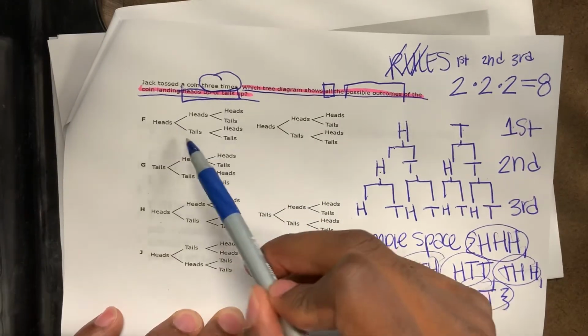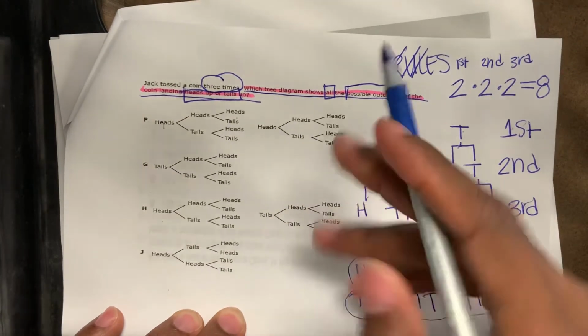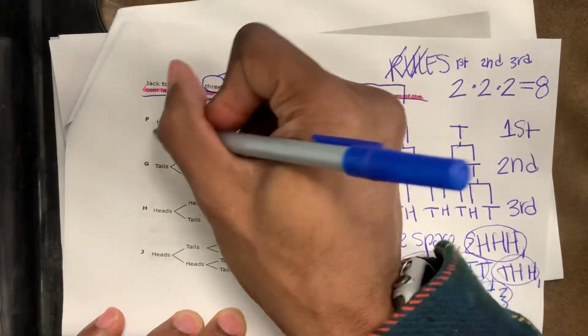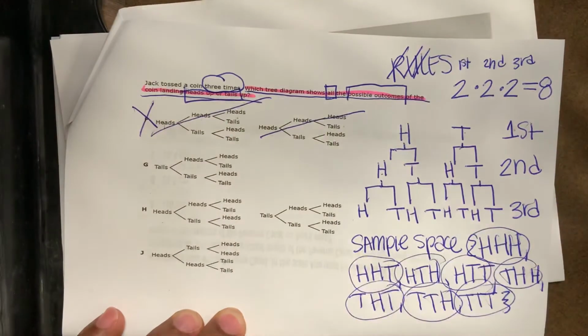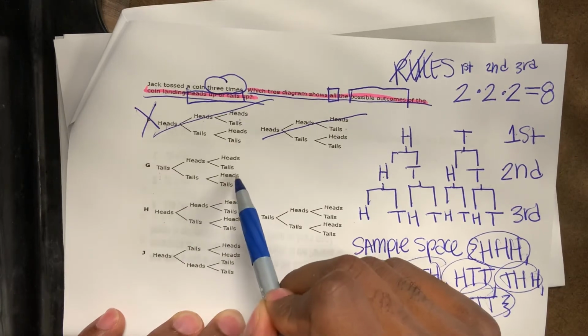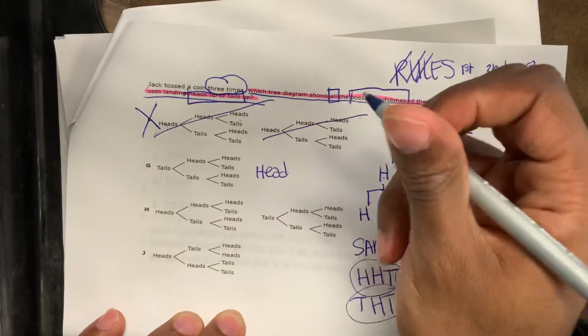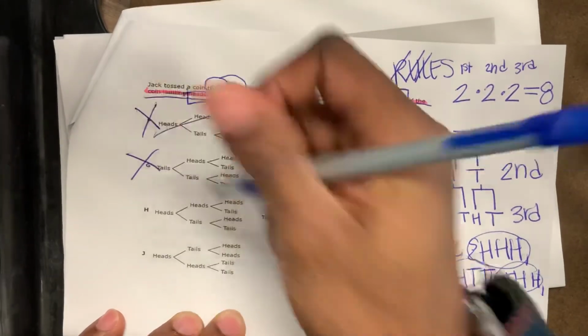It would not be F, because if you look at F, F has heads, heads, heads, and heads, heads, heads. It has this twice. So it can't be F. Let's look at G. G has tails, heads, heads, and then tails, heads, tails. But what if we draw heads first on our first flip? It doesn't have heads. Can't be G.